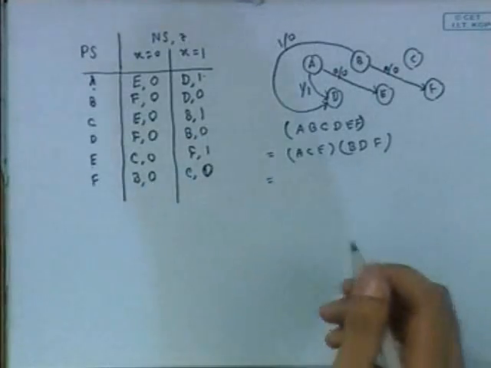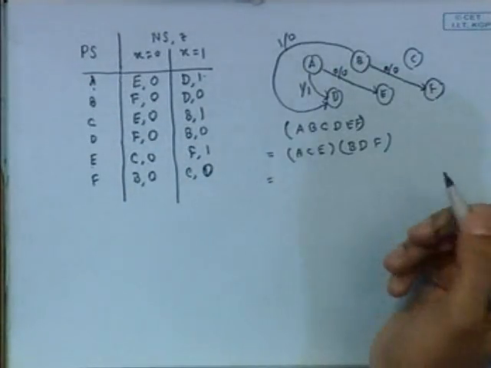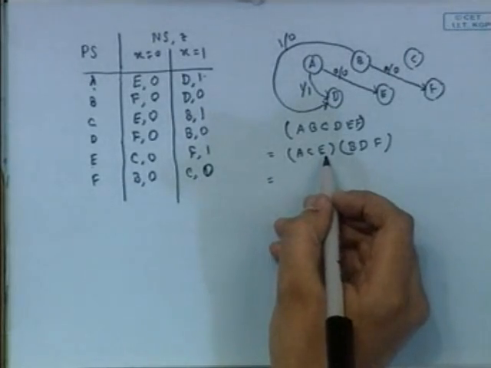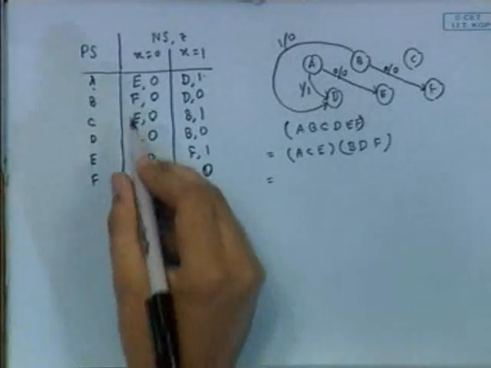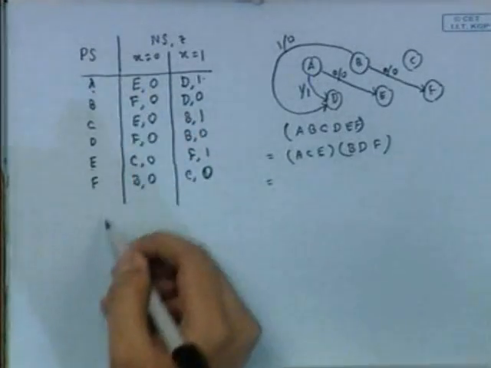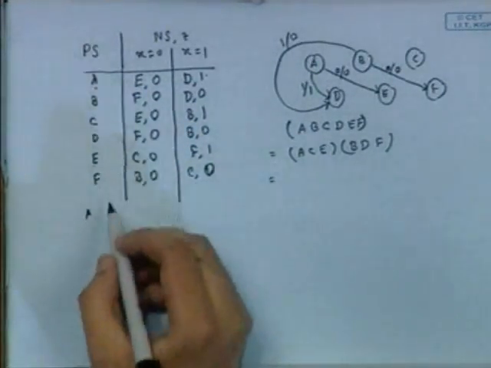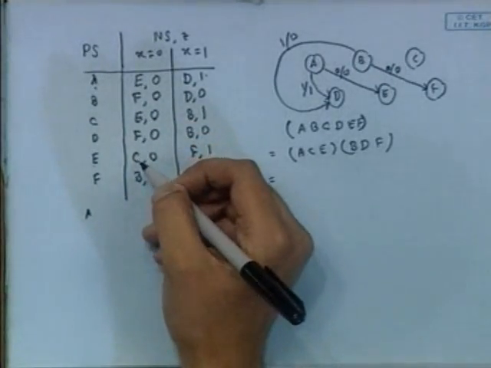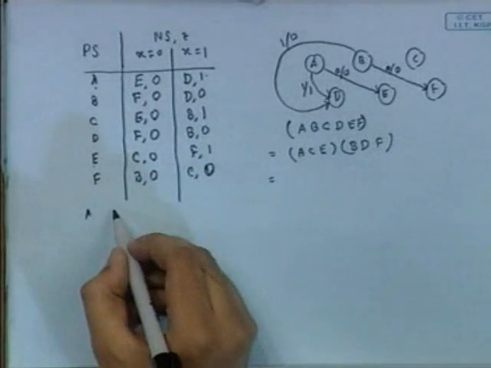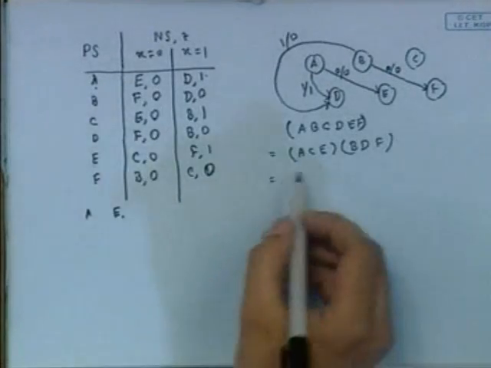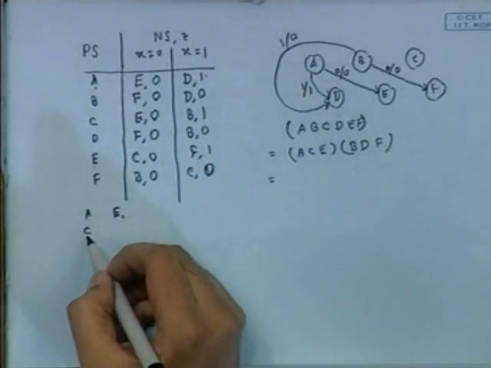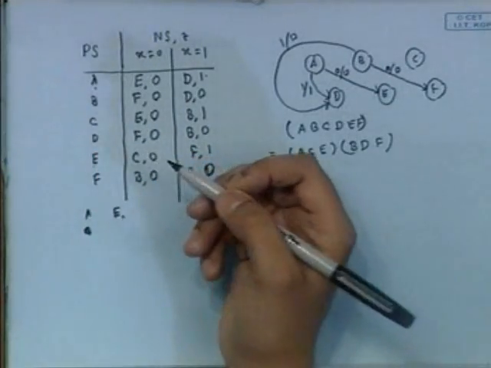Now we will go to the next successor. From ACE we go to the next successor and try to see whether they belong to the same block or not. Suppose from A we go to E, sorry, we go to E with input 0, and for C, I am taking ACE together.